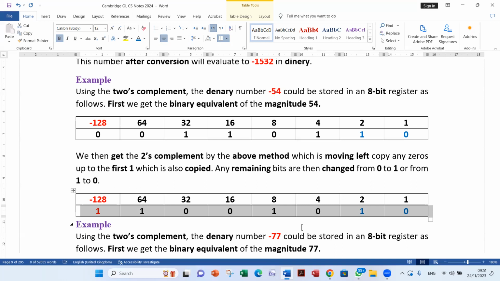Okay, do the same story here with -77. Just please go and do it again. Get the binary equivalent of +77 and apply the conversion method to represent it as -77.